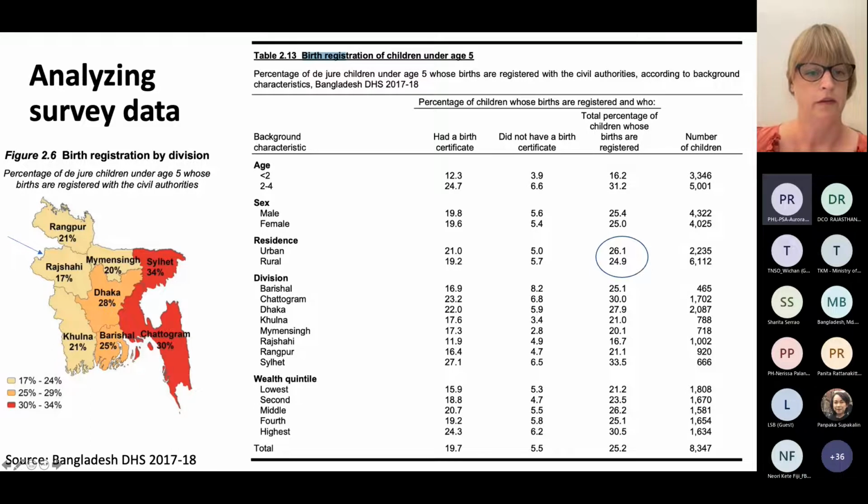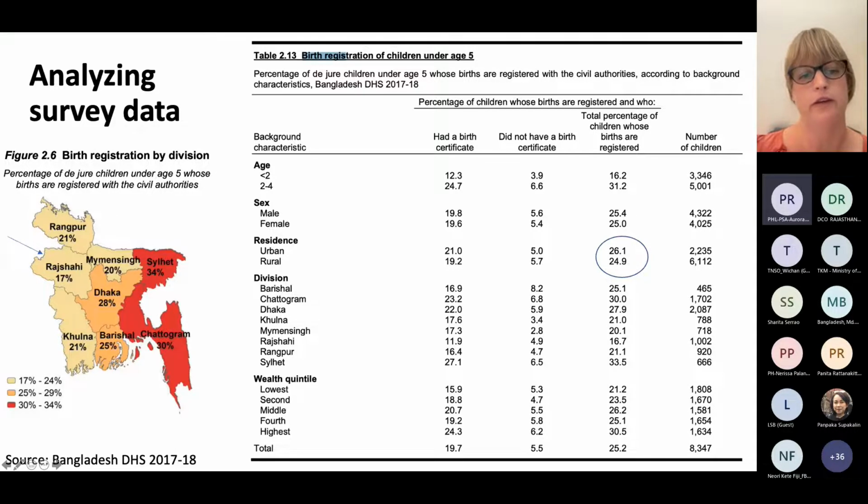So there's this really nice figure here that's color coded by percent of children under age 5 who've had their birth registered. And you can see that this, I'm going to totally pronounce it wrong, but Rajshahi, the province here, is half as much as the Sylhet over here.